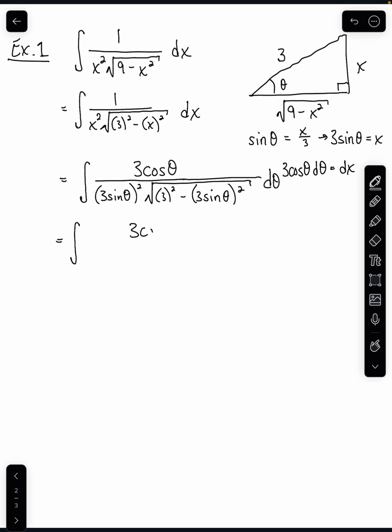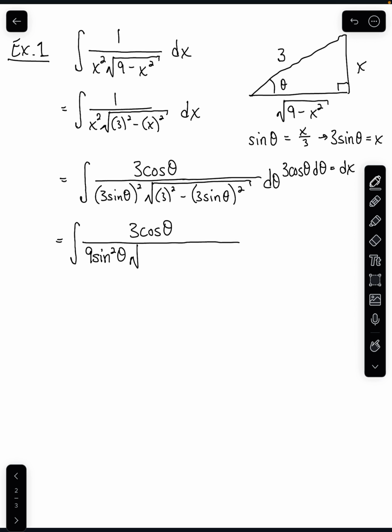So in the numerator, we have our 3 cosine theta. In the denominator, the 3 sine theta squared becomes 9 sine squared theta. Underneath the radical is where this trigonometric substitution becomes important, because we cannot simplify a square root of a polynomial expression.